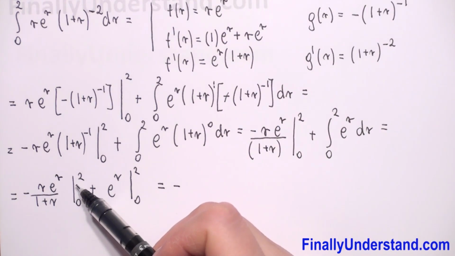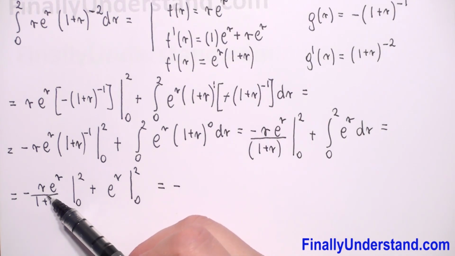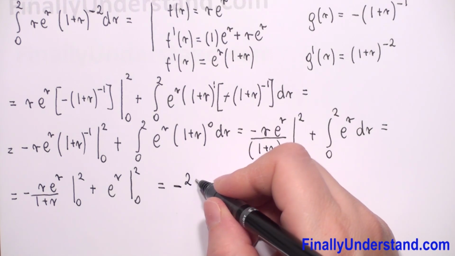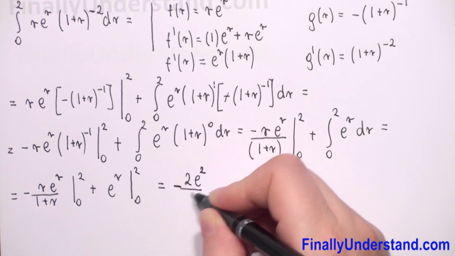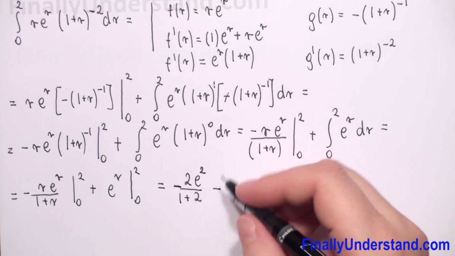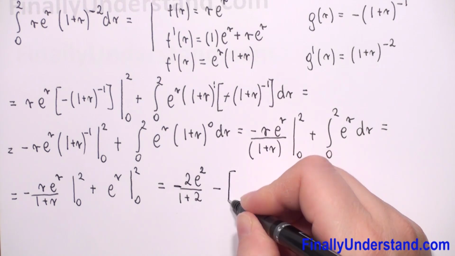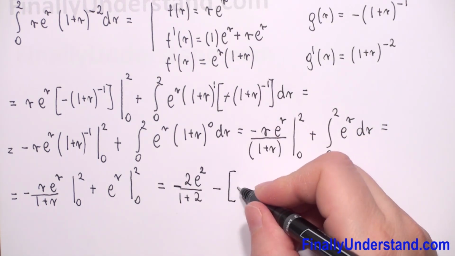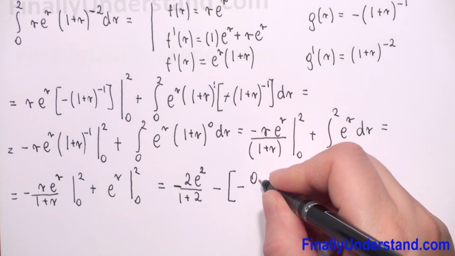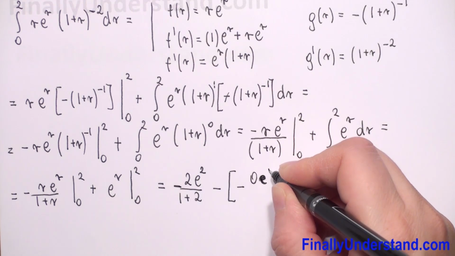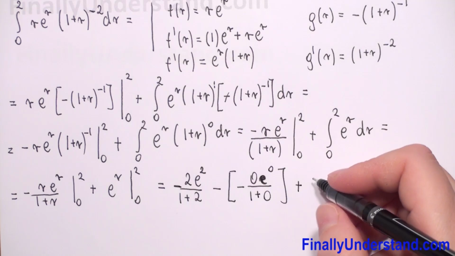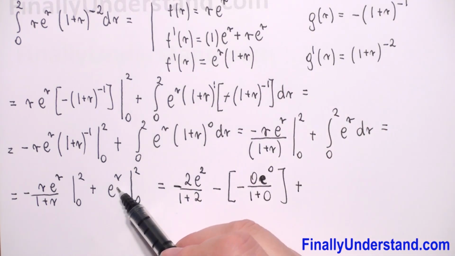We have to plug in the upper limit first. We have to substitute r by 2. So we have negative, it will be 2 times e to power 2 over 1 plus 2. And we need to subtract the lower limit, so we have minus, and we will put this in brackets because we have a negative sign. So we have negative, and now we substitute r by 0. So we have 0 times e to power 0 over 1 plus 0, plus, and now we need to substitute the upper limit for r.